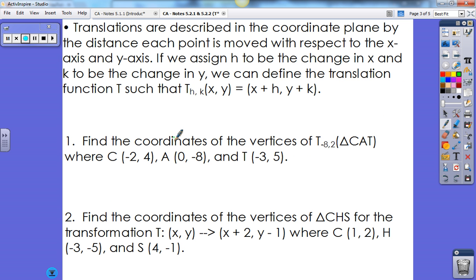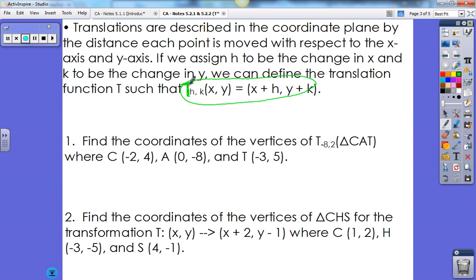Translations are described by the distance that each point is moved, so how far the x is moved and how far the y is moved. We're going to look at a couple of different types of notation, and one of them is this right here, and that's telling me that T means it's a translation.